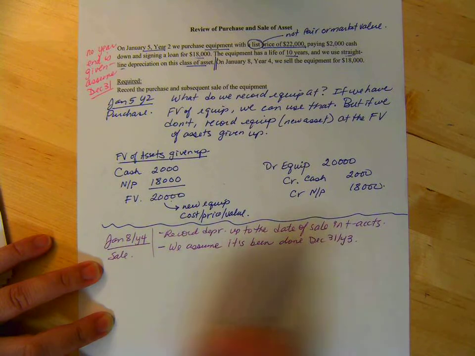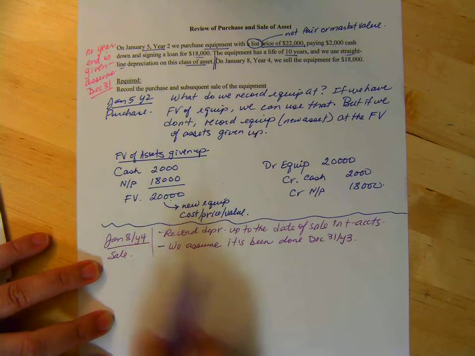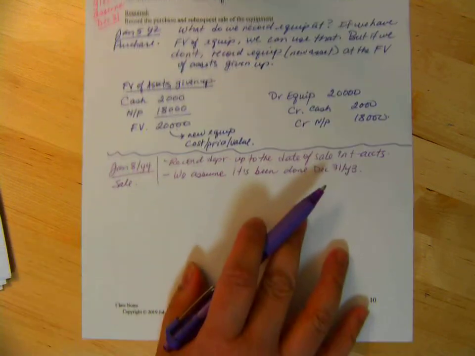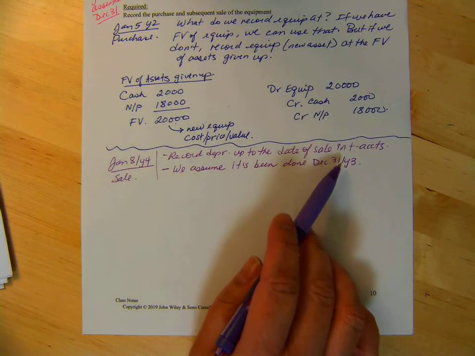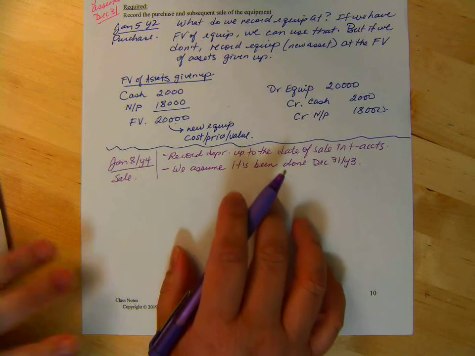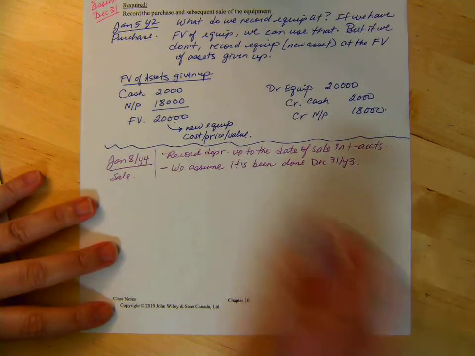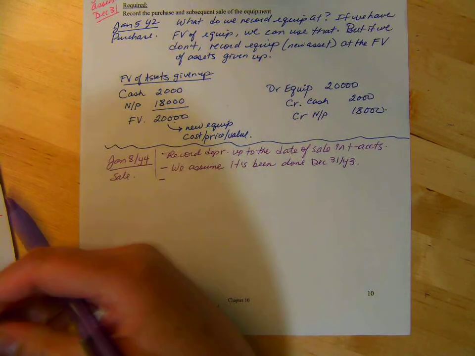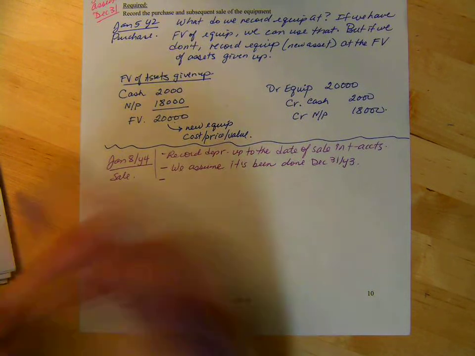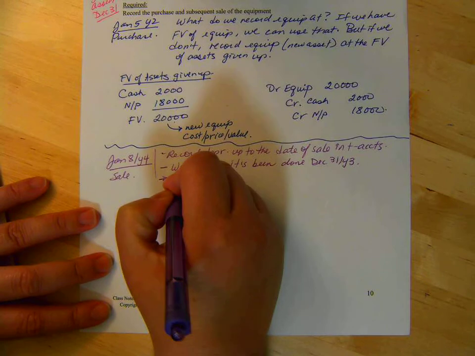Are we going to record the depreciation? No, because we're not going to be that exact. What are our depreciation time periods? Not meths. Well, let's just write it down.